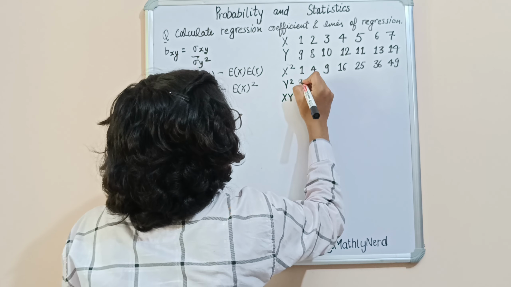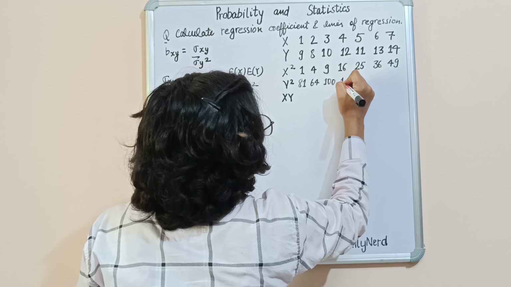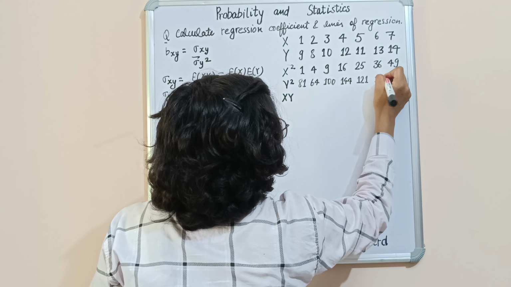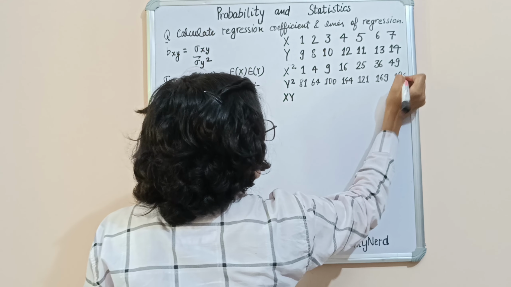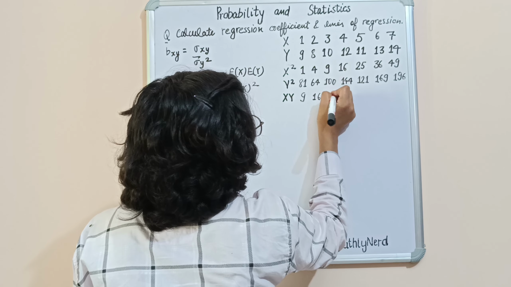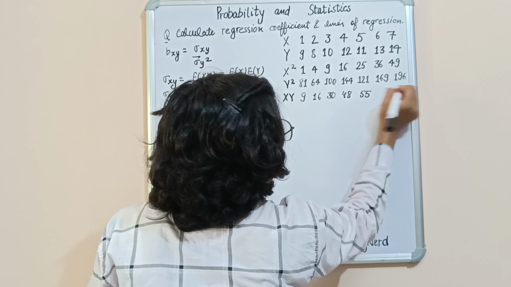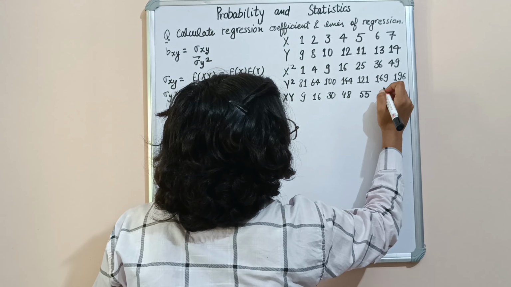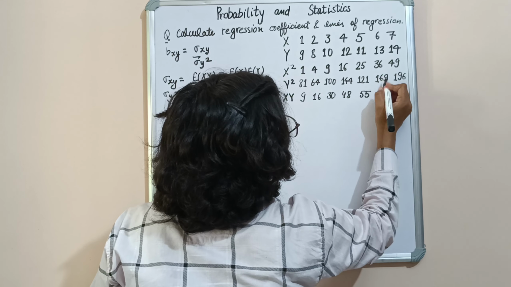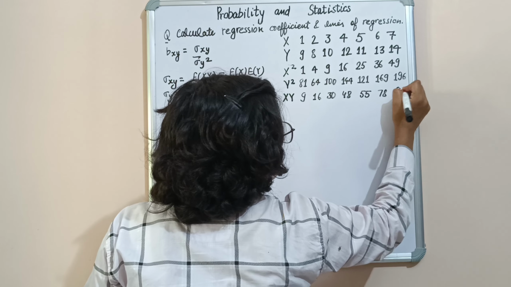Y square 81, 64, 100, 144, 121, 169, 196. XY 9, 16, 30, 48, 55, 78 and 98.